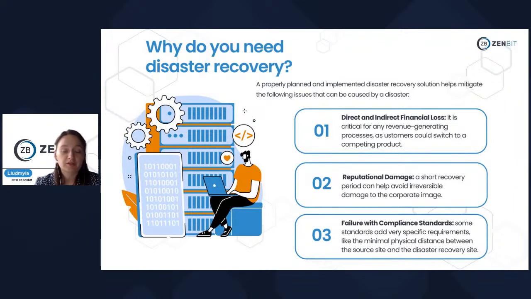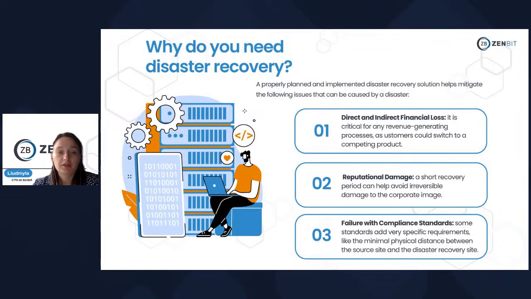The second group that I separated is reputational damage. In addition to financial loss, downtime caused by unexpected incidents can significantly harm a company's reputation. A short recovery period aided by a disaster recovery solution can help to avoid damage to the corporate image.